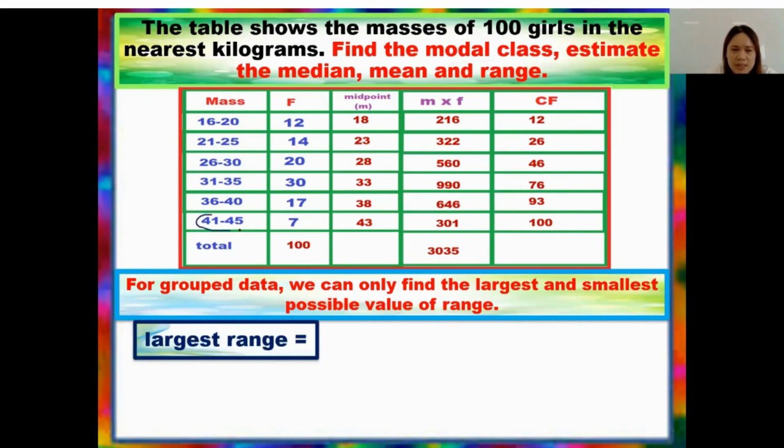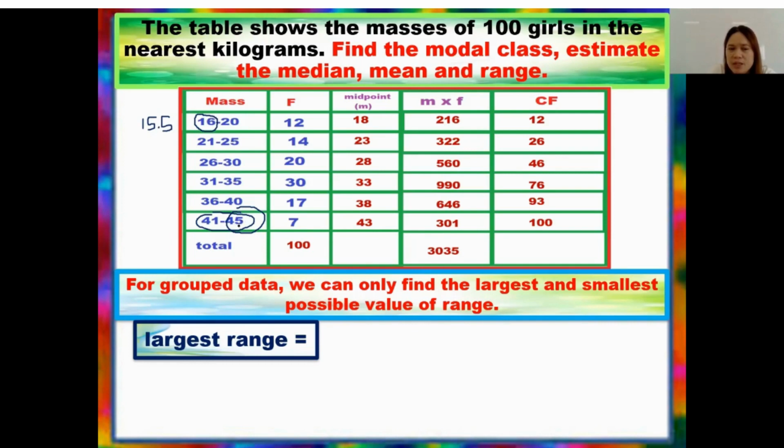Remember, this data here includes from 40.5 to 45.5. So the highest value that we can have here is 45.5, and the lowest value that we can have before 16 is 15.5. Again, the lowest value that we can have here, because 16 to 20 includes 15.5 to 20.5, is 15.5.